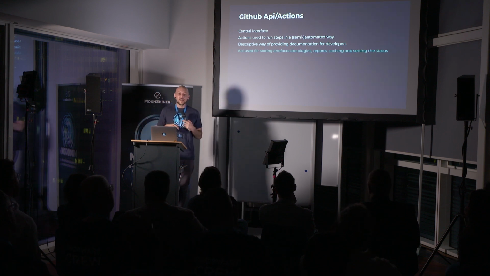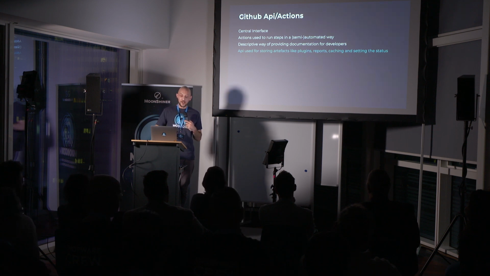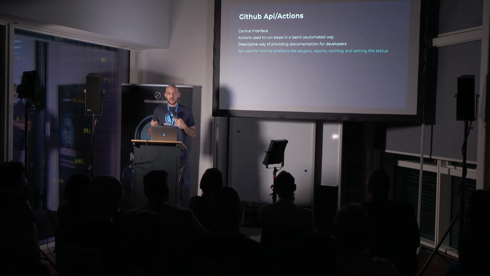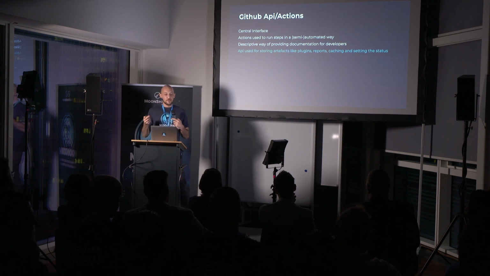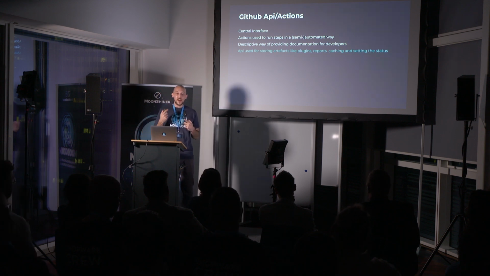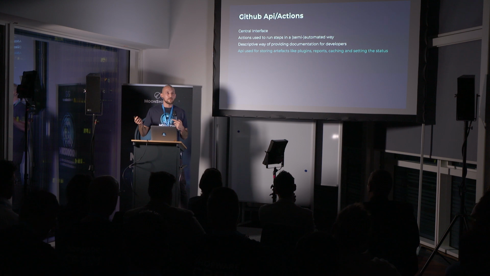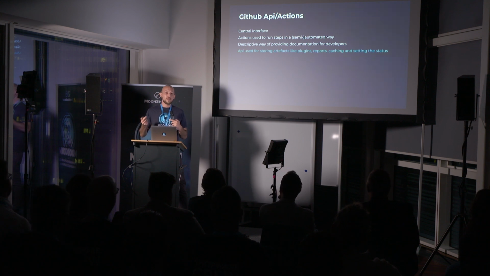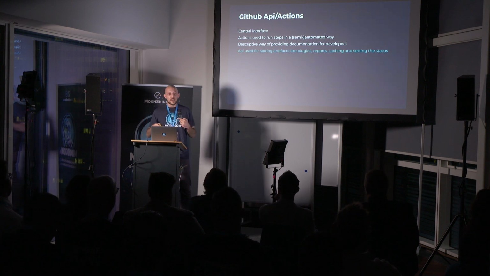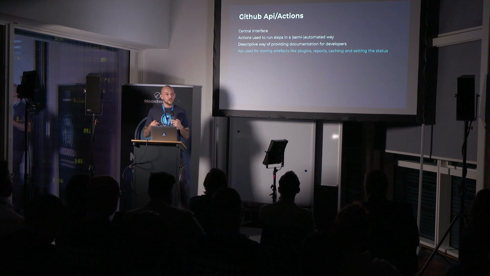Now the API. GitHub provides a programming interface, an application programming interface, and you can do almost everything there. You can store artifacts, which means you have something to save and take on to later steps again. You have reports that you can upload. If you have builds which are failing, you can also upload them and later on download and parse the builds.